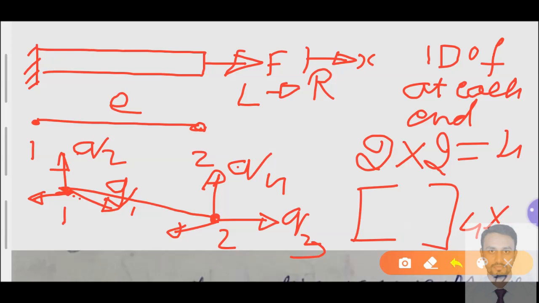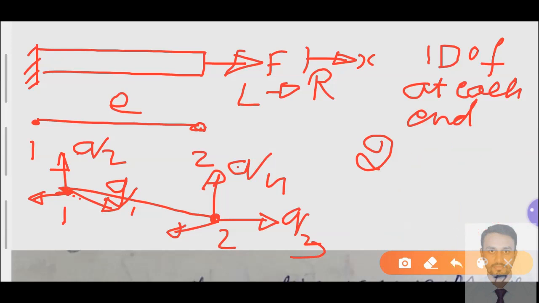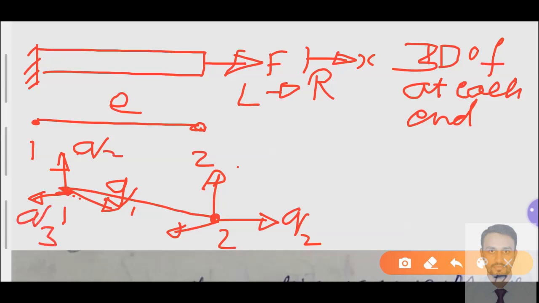Similarly, if we have displacements or degrees of freedom at each node, 3 degrees of freedom, 3 degrees of freedom, Q1, Q2, Q3, this is Q4, Q5 and Q6.